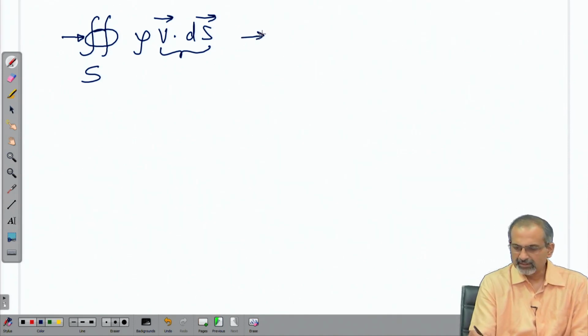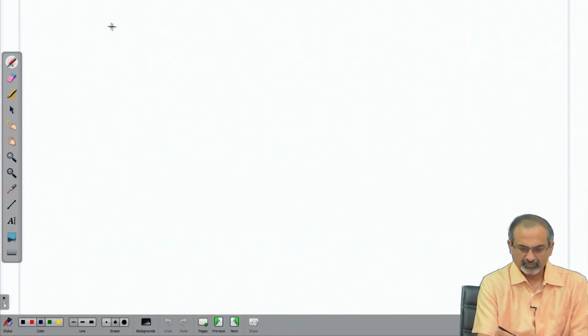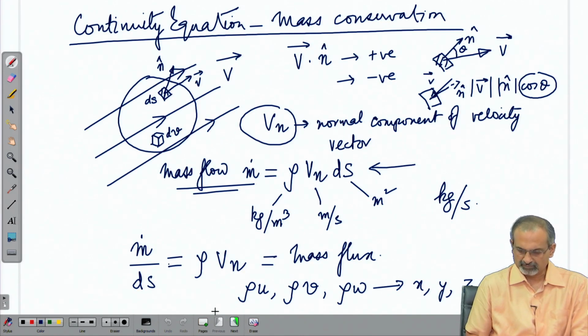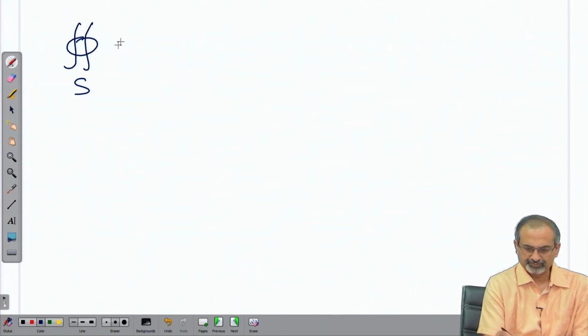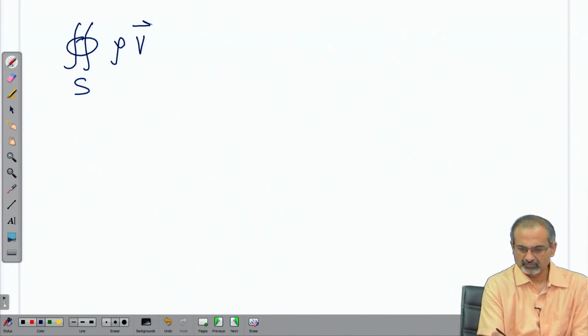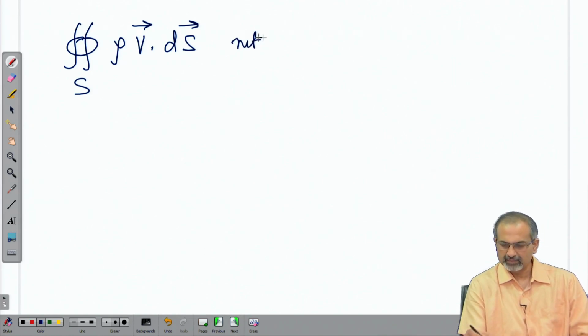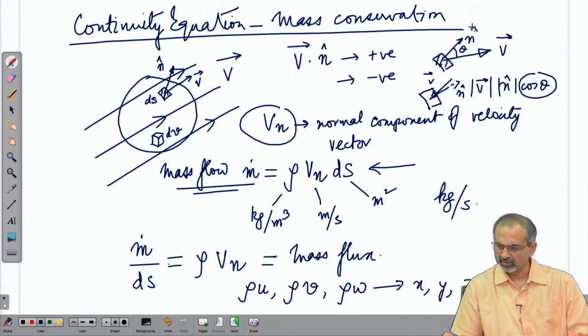So, what do we get out of this? We get the net mass flow moving out of the control volume.